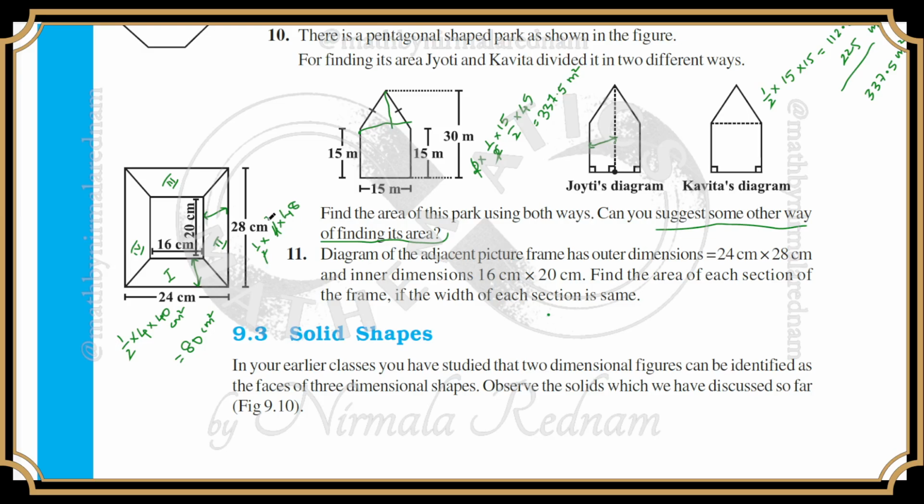Right? So here I am going to get 96 square centimeters. So this is the area of each of the sections. The first one is 80, the second one is 96, the third one is 80, and the fourth one is again 96. So with this we finish the exercise 9.1.